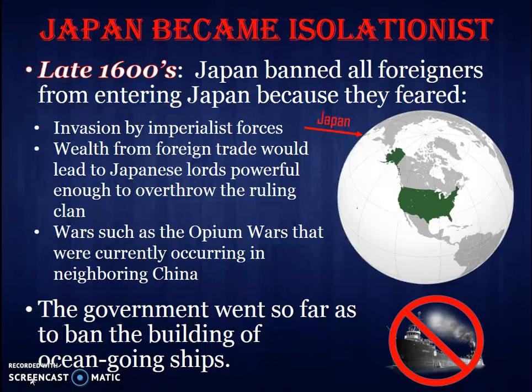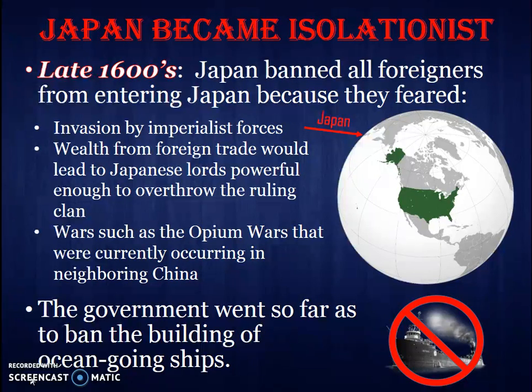Now, Japan had a few reasons for this policy. They were very afraid of potential invasion by imperialist powers. The ruling leaders were also concerned that perhaps if they allowed trade with foreign countries to occur, other lords would become wealthy enough and powerful enough to overthrow the ruling clan. And of course, the leaders didn't want that to happen.